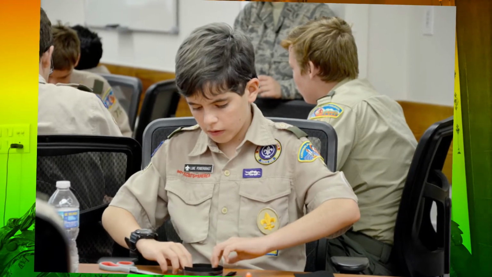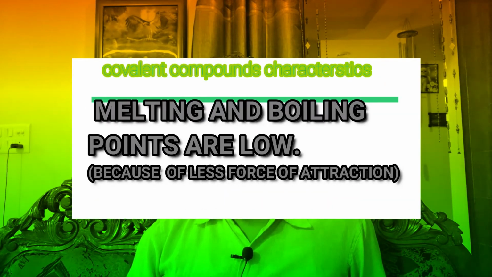So the force of attraction will not be so large, and melting and boiling points of covalent compounds are not so high. They will be comparatively low. So the melting and boiling points of ionic compounds are higher as compared to those of covalent compounds.